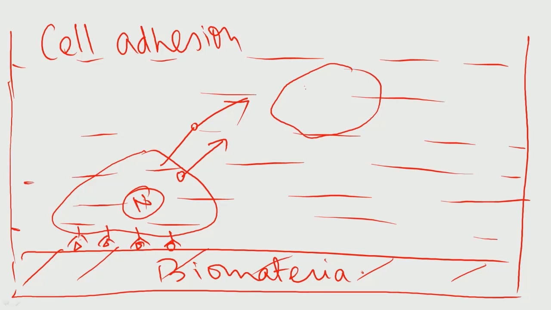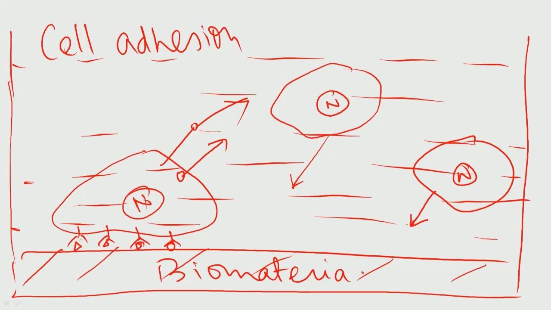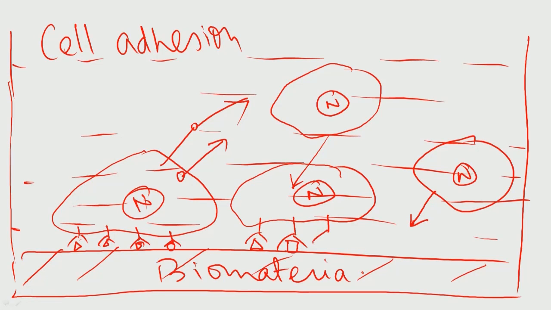Now, if some of the cells are floating here, they will send this signal to the neighboring cells, so that these neighboring cells also would come and try to interact with the biomaterial substrate, because this biomaterial substrate does not cause any toxicity to the cell whatsoever. Now, when this cell also comes, it also interacts with the same substrate.